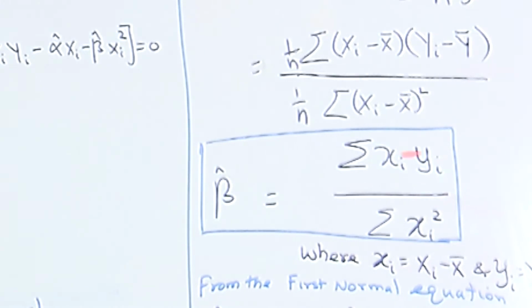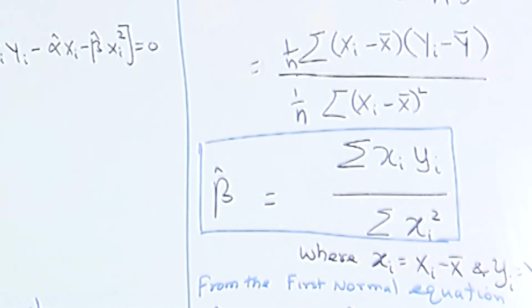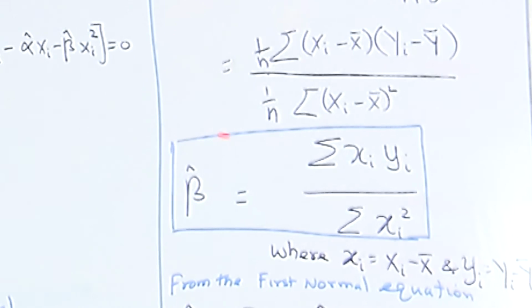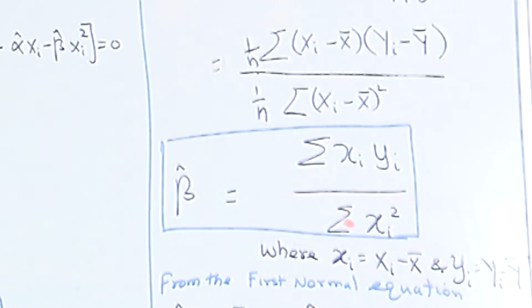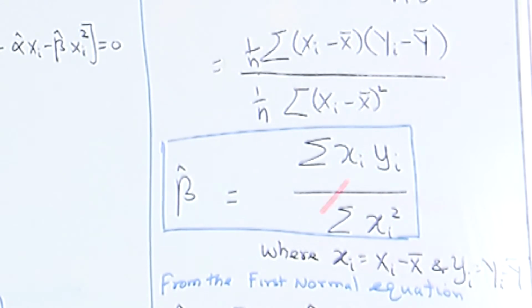Of course, this is a shortcut. If you write in detail, this is sigma i varies from 1 to n small xi yi divided by sigma i varies from 1 to n small xi whole square. Here small xi is equal to capital Xi minus x bar and small yi is equal to capital Yi minus y bar.